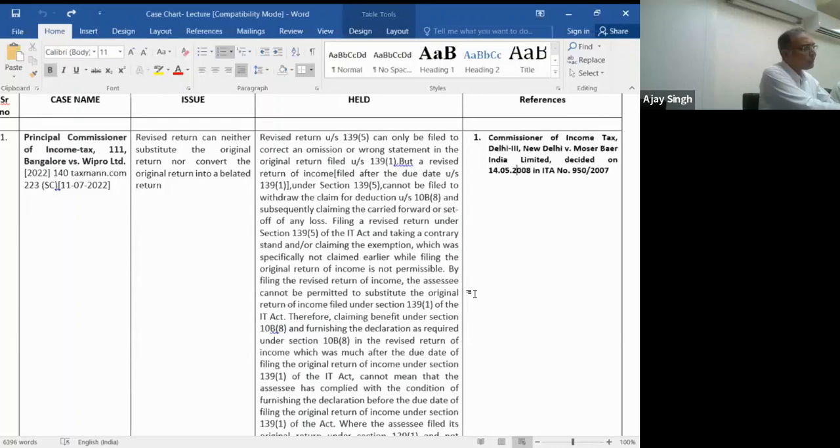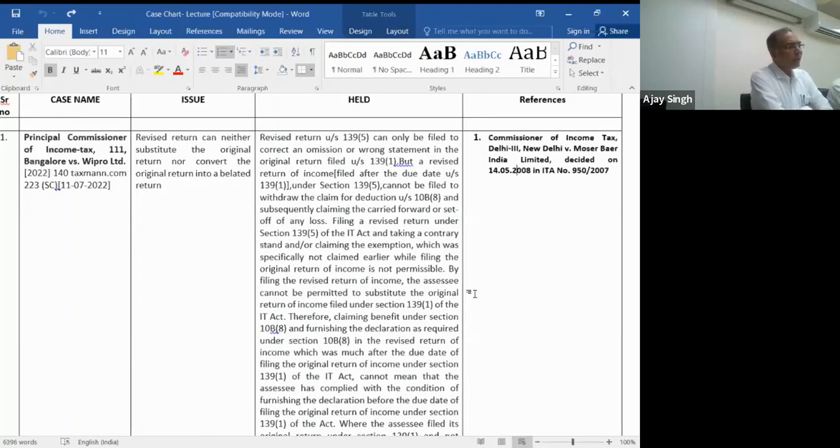The assessing officer originally disallowed this particular claim. However, when the matter reached the tribunal and the High Court, the claim was allowed by both the ITAT as well as the Honorable High Court. One of the reasons why the assessing officer had disallowed it is that one of the requirements while claiming the exemption under Section 10B is that the assessee needs to file a declaration before the authorities, which he had not filed within the time allowed under Section 139(1).